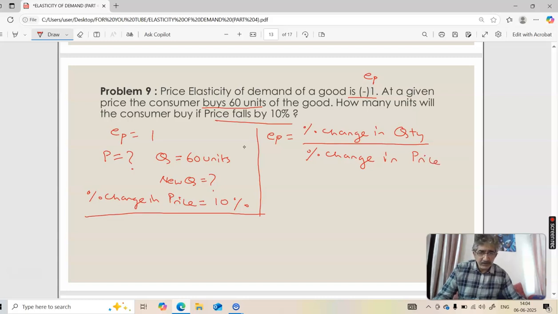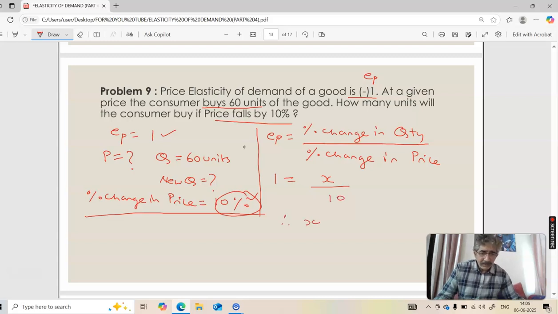Let's put the values. EP is 1, so I'm putting 1, equals percentage change in quantity, which we don't know, so let's assume it to be X, the unknown quantity. Percentage change in price we do know, it's given here, 10%, so I'm putting 10.